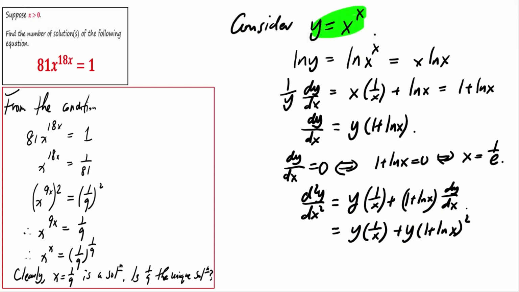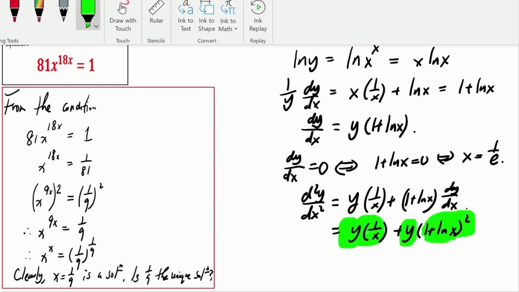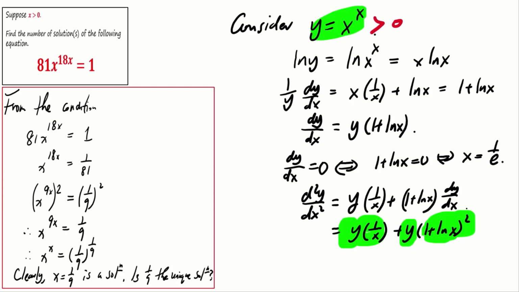Since y equals x to the power x, it is always positive. So y times 1 over x is a positive term, and y times (1 plus log x) squared is also positive, which means that d2y/dx2 is always positive.